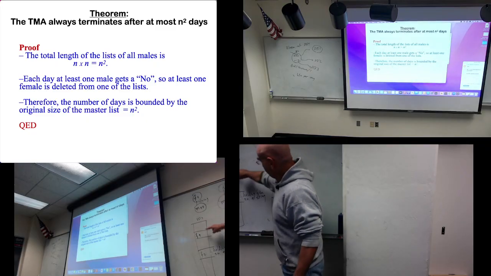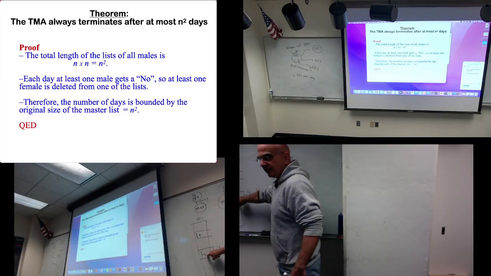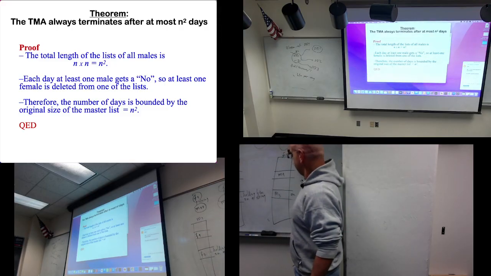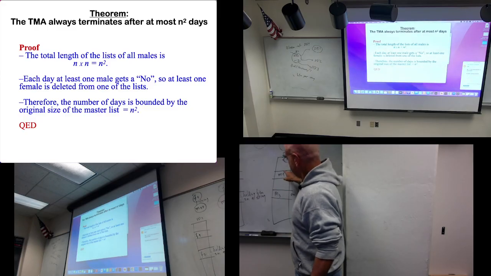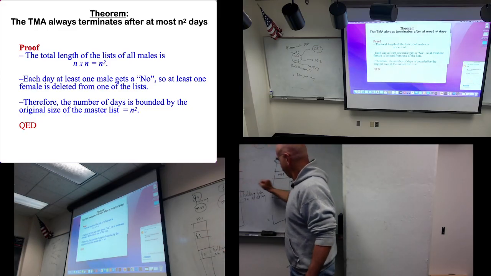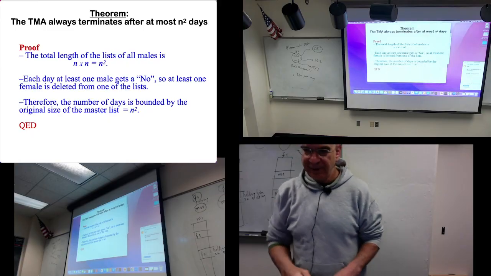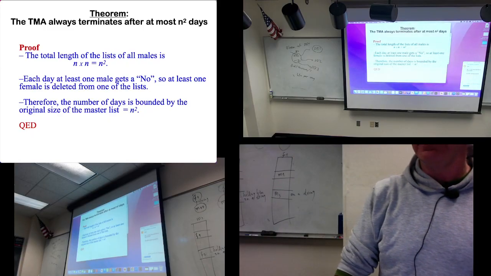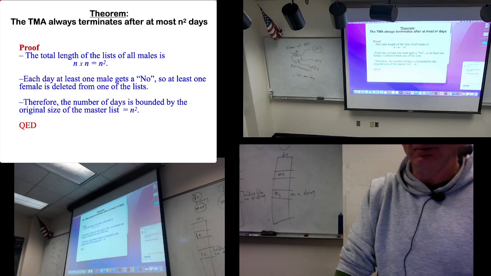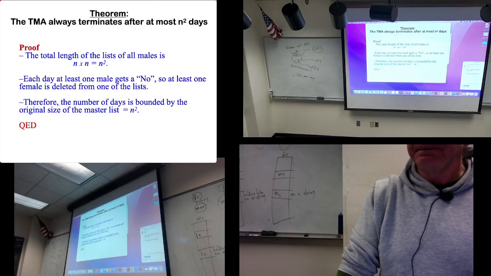He would prefer female one, but he's now on a string with female two, but she prefers female one. And female one has him in a higher position than whomever she has on a string right here, whom she's going to marry. That would make a rogue couple.